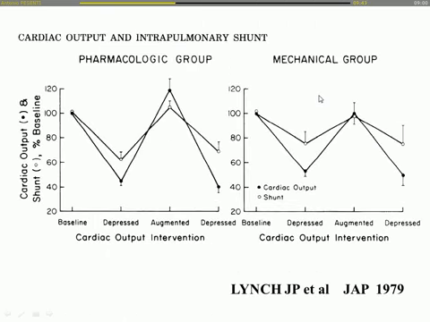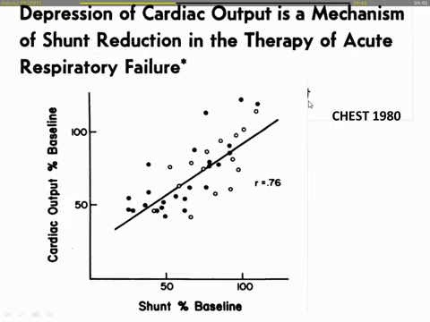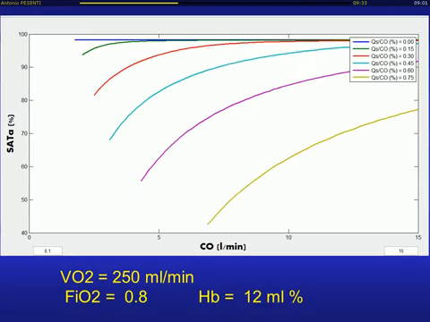And this is in dogs, and this is in humans a few years later, made by inert gas techniques. But these are details. The biggest effect is the effect of mixed venous saturation. In a sick patient with 50% shunt, mixed venous saturation is 50% of what determines your arterial saturation.